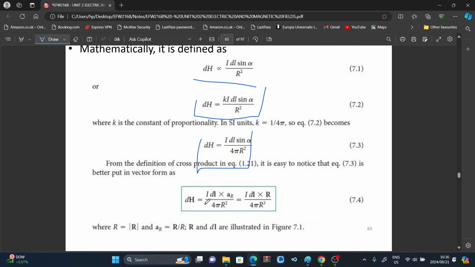Then our dH will still have the cross product here, and our r in this case is not 1. This one was just for 1, but our unit vector can change in some cases.